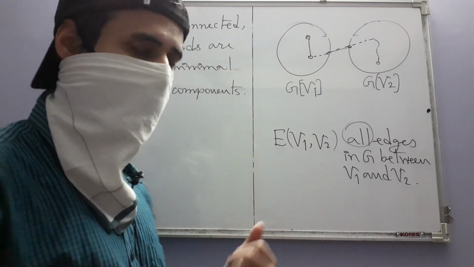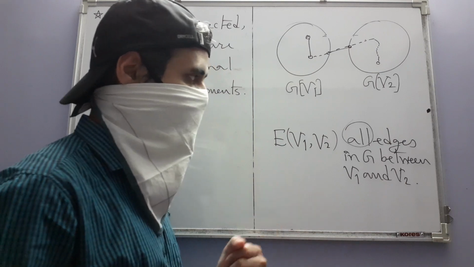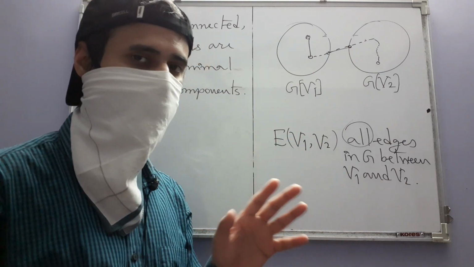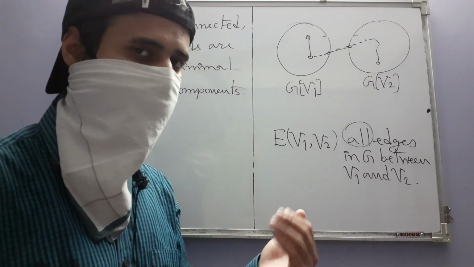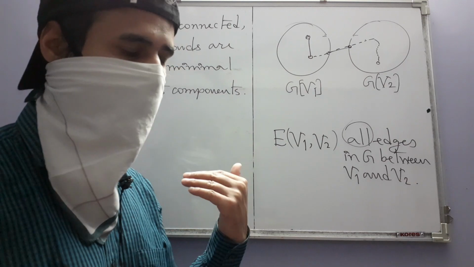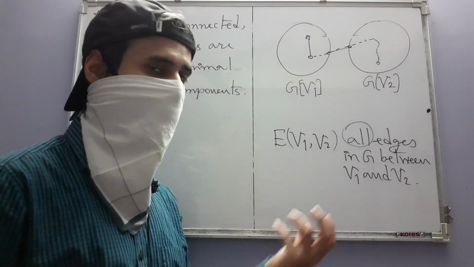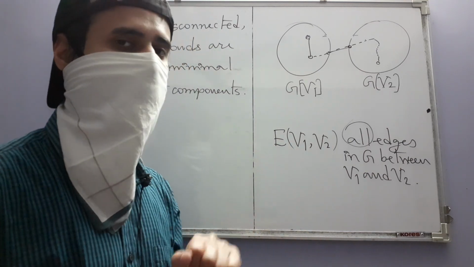Okay, now why do we need bonds? You remember when we were studying the cycle space, there the cycles were the minimal elements, and they in fact, of course, by the definition of a cycle space, they span the cycle space, but in particular the smallest cycles, the chordless cycles, they also span the space.